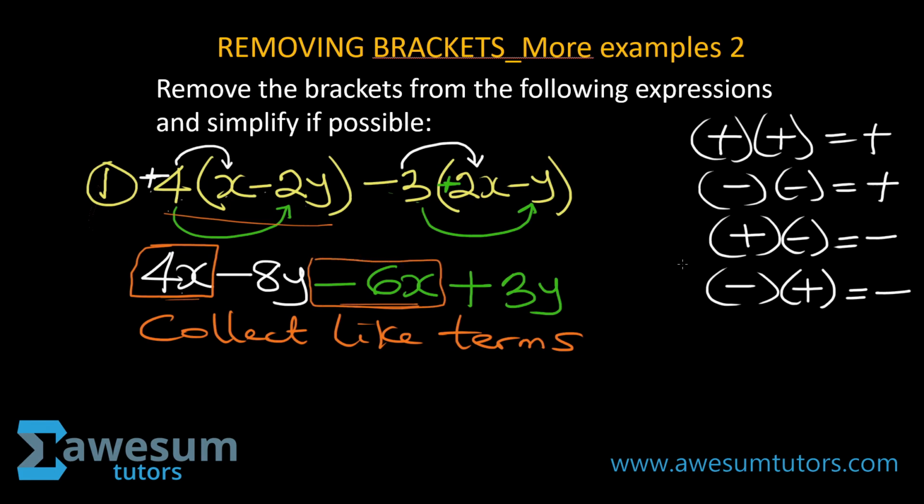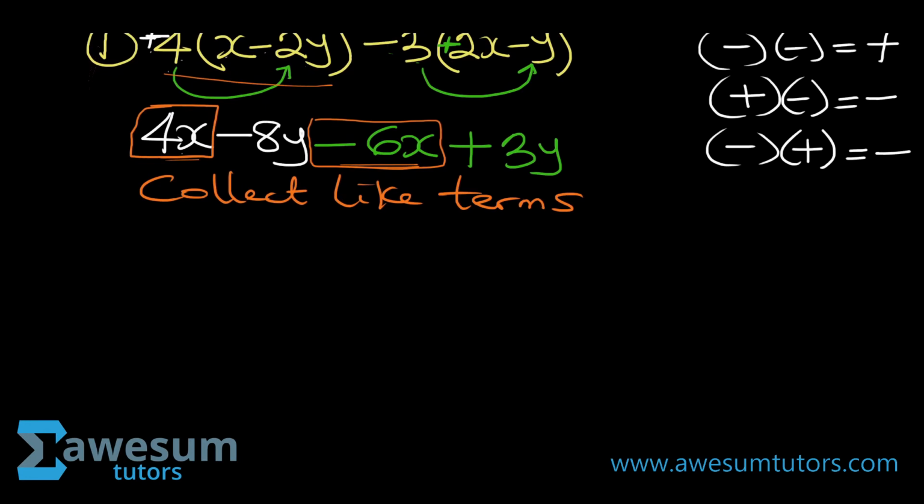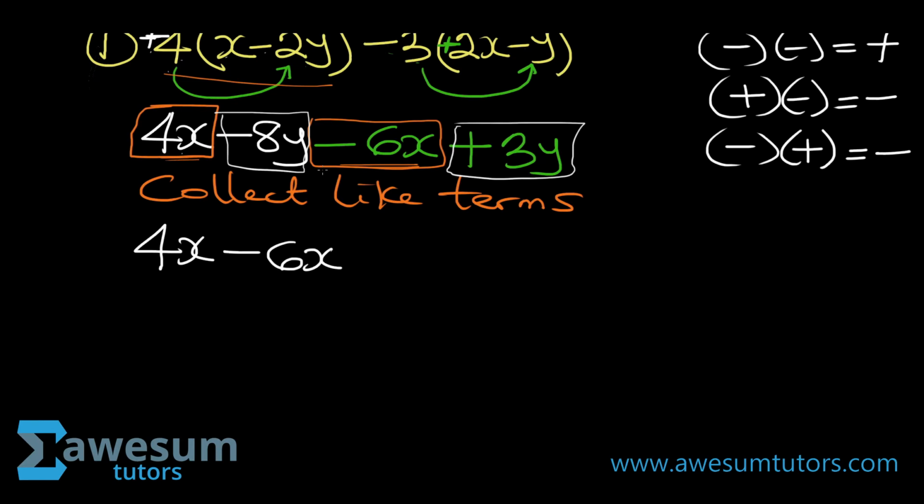You can bring them close to each other. So I'm going to have 4x and negative 6x. And then negative 8y and positive 3y also are like terms, because they both have y.